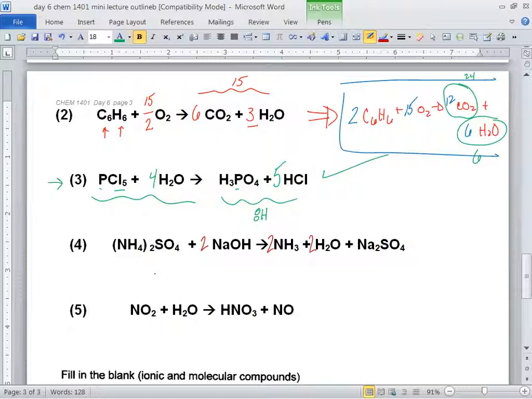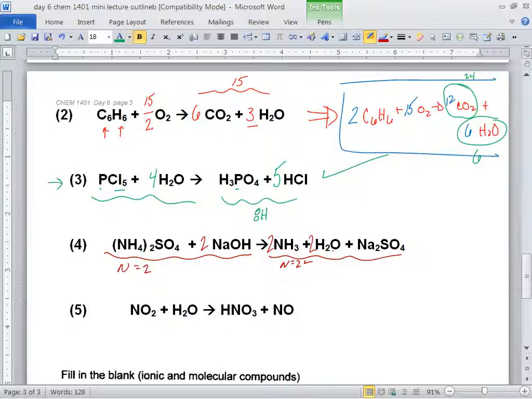All right. So let's make sure that this works. Here I have the nitrogens. On this side I've got 2, and the nitrogens over here I've got 2. So you see that? 2 N's and 2 N's.